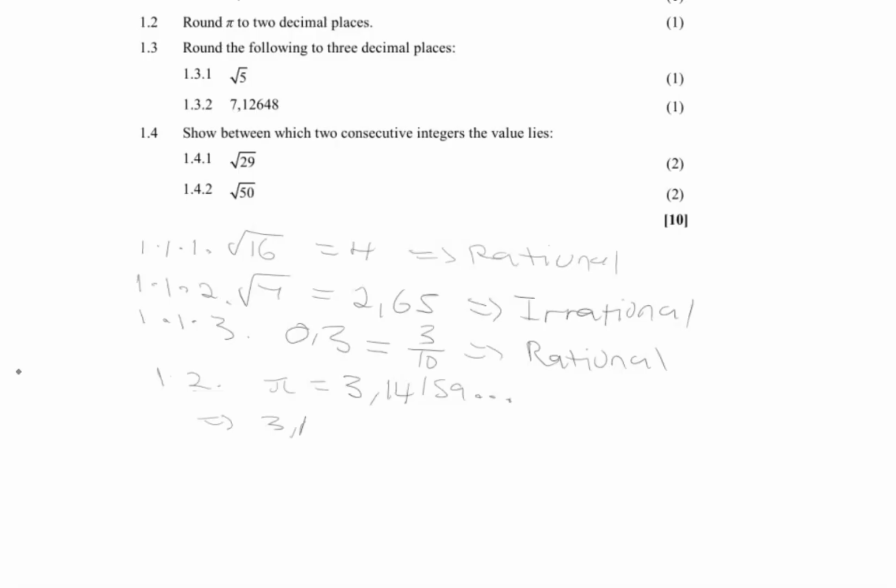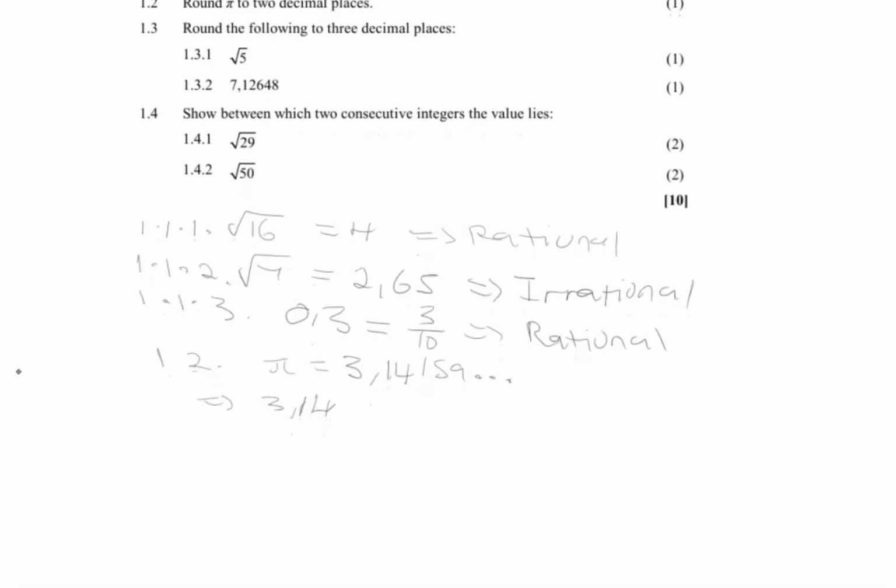The second value is the one we look at, because they said you should round off close to 2 decimal places. Since the number that follows 4 is 1, you just leave it as it is. The answer is just 3,14. Okay, let's go to the next question.